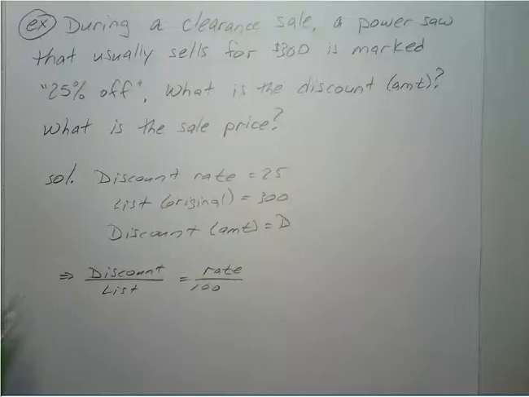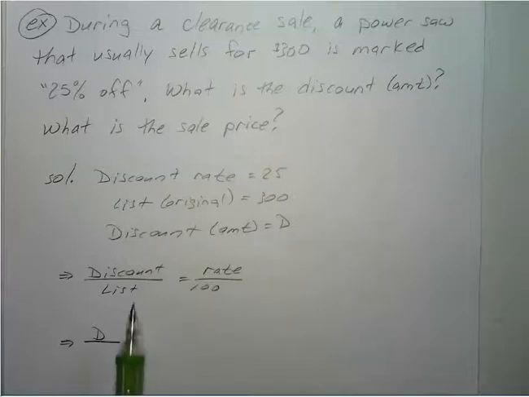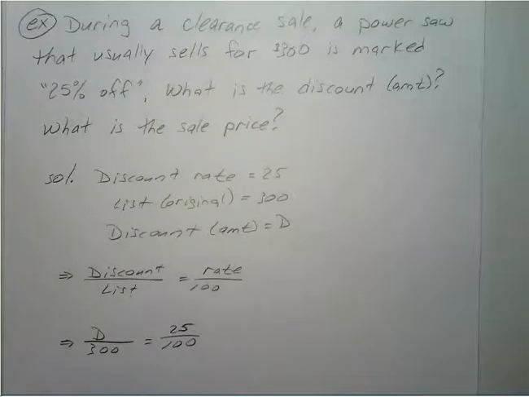If we plug those things in, the discount amount is unknown, so that stays D. The list price is 300, equals the discount rate, which is 25, all over 100. We're going to cross multiply.